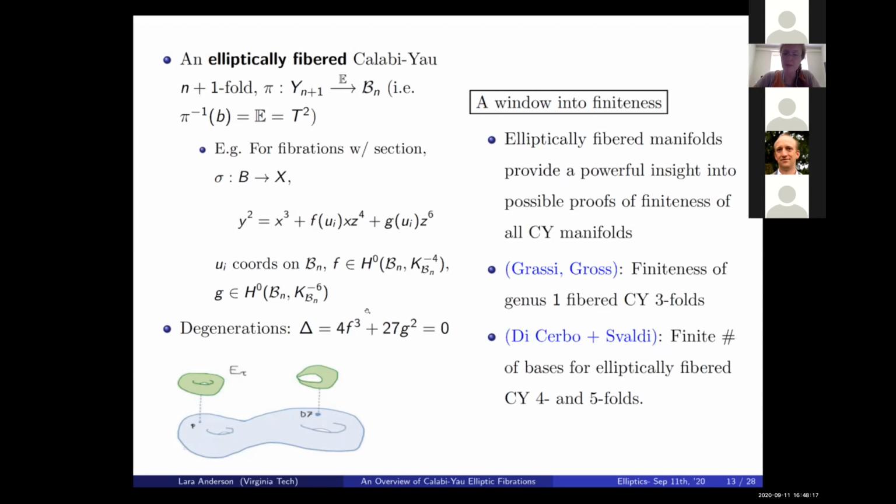This type of proof has been recently generalized by De Cerbo and Svaldi for bases for Calabi-Yau fourfolds and fivefolds that are elliptically fibered. This is almost a complete proof of finiteness for all elliptic 4 and 5 folds. There's a technical detail missing, but for the most part, it is strongly believed that those are also finite and nearly proven.